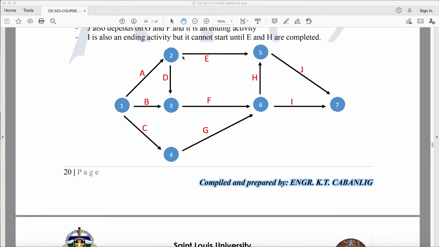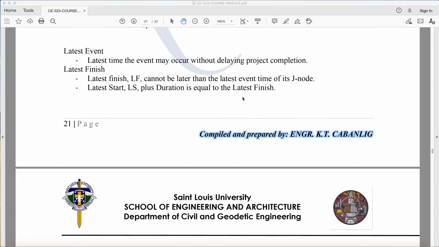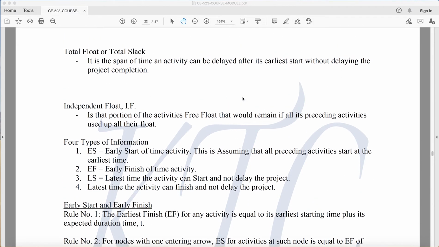Now, for this one, ang slack natin or ang float natin is 2 days kasi pwede kong simulan yung activity E after 2 days pero sabay pa rin silang matatapos ng activity F on the 10th day. Okay? Without causing any delay. Okay? So, hindi ako nag-cause ng delay kasi natapos pa rin ako on the 10th day. So, yun yung tinatawag nating float.